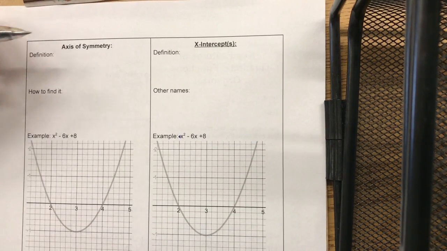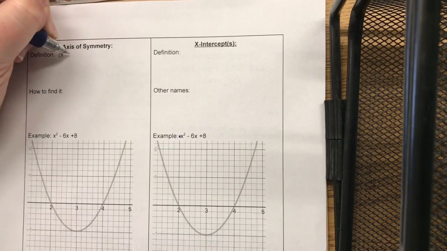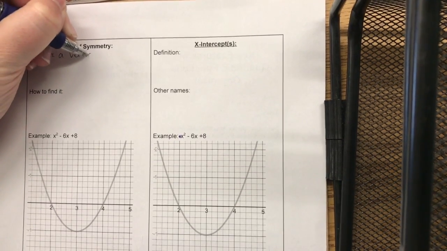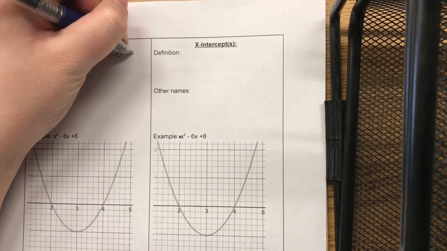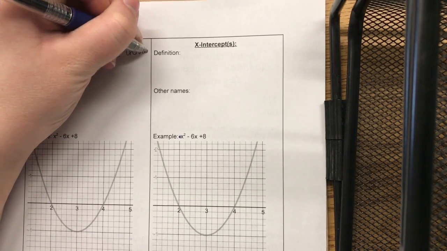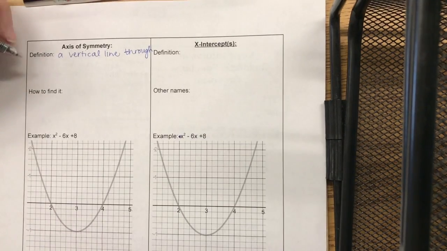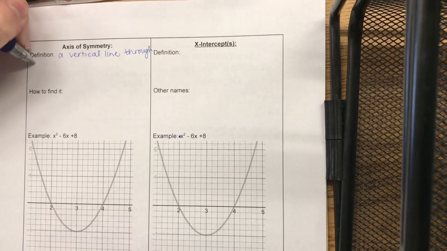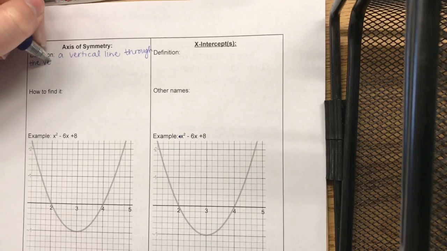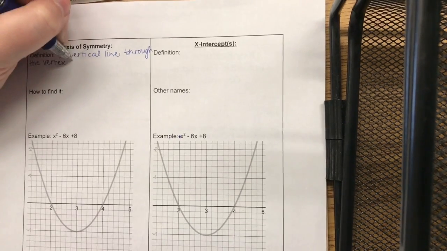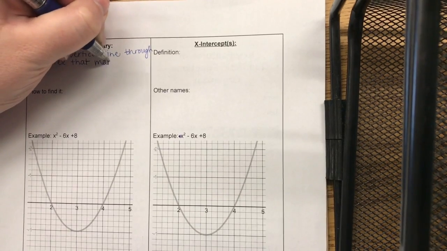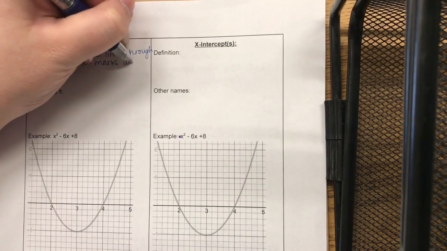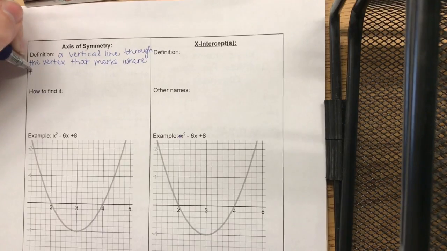An axis of symmetry is a vertical line through the vertex. A vertical line through the vertex that marks where the graph is symmetrical.